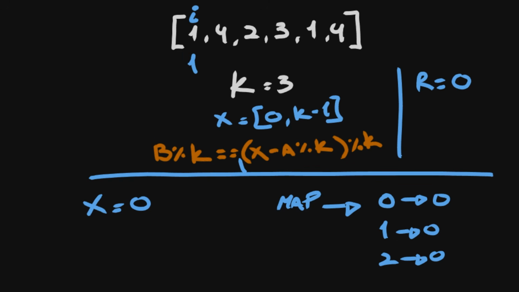And now we are looking for this in the map. So we are looking for 0, remember x is 0, minus a modulo k, which is this, 1, modulo k, k is here 3. And minus 1 modulo 3 in Python is 2.